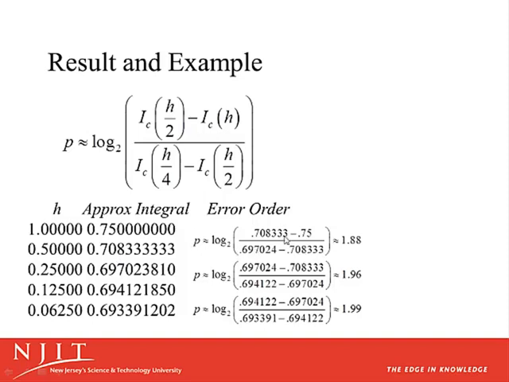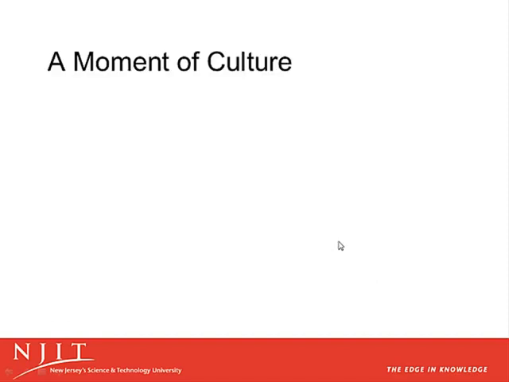We take the log base 2 of that, and we get about 1.88. If we take the second, third, and fourth values and do the same thing, we get another approximate value for p. If we take the 3 finest values and plug them in, we get 1.99. And we know that the true value is 2, and we see that this is a way that one can approximate the value of p.